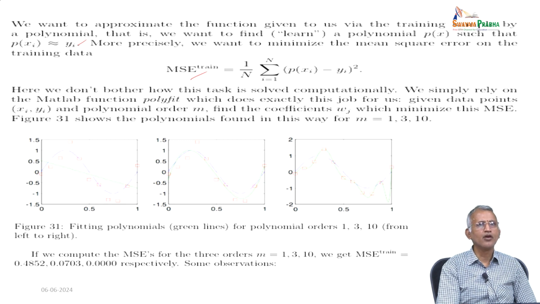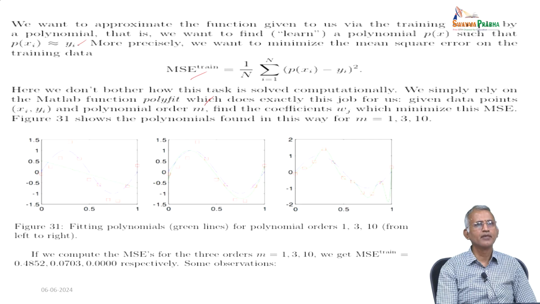We do not bother how this task is solved computationally. We simply rely on the MATLAB function polyfit which does exactly the job for us: given data points and the polynomial order m, find the coefficients wj which minimize the mean square error.